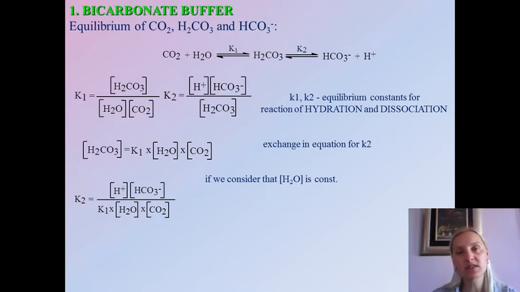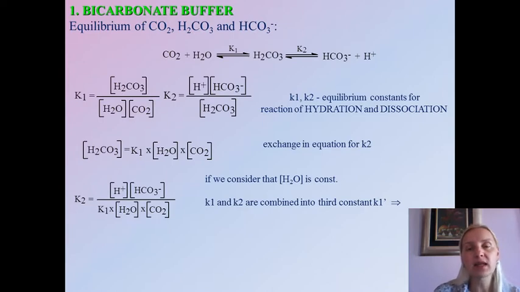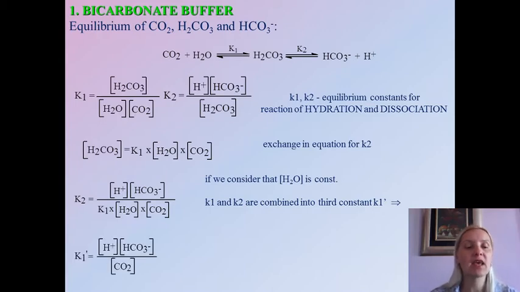So if we consider that concentration of water is also constant, we can combine K1, K2 and water into the third constant, for example K1 prime, and we can get the following equation. So constant K1 equals hydrogen times bicarbonate over carbon dioxide.